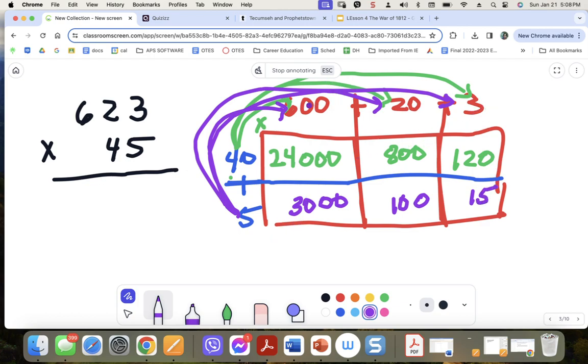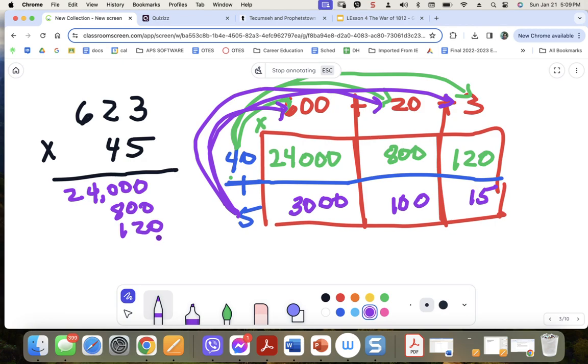Now the next step, because we already know our partial products, we can go ahead and add all of this. So you can write it here if you want. So we can write 24,000, okay, 800, 120, and then we have 3,000.